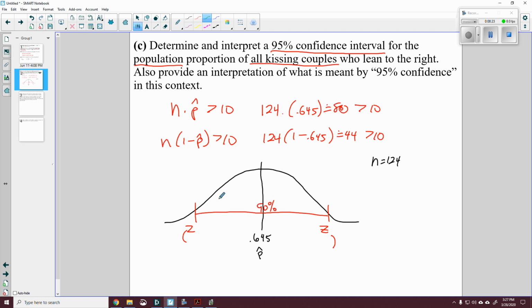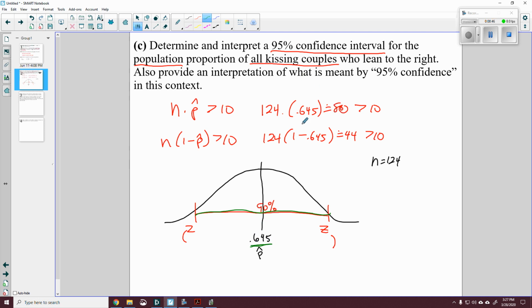And these will actually be the same z-score, except that this one over here is going to be positive and that one's going to be negative. And they're going to be the same z-score because this distance right here is equal on both sides of my statistic.